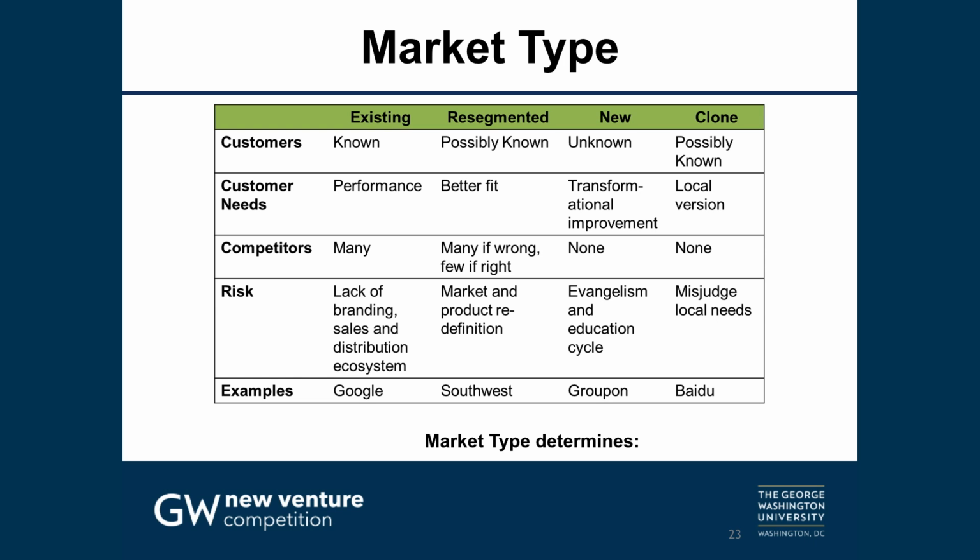Third market type is a completely new market. This is one where your product or service is going to create a market. In fact, the customers in a new market typically don't know that they want your product or service. So you're going to provide something transformational. Now, by definition, there's nobody else directly in that new market, though of course there are lots of folks who will compete with you indirectly.